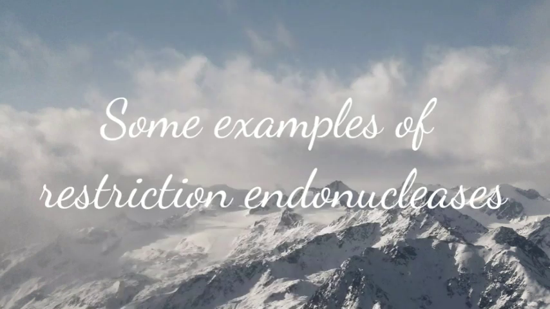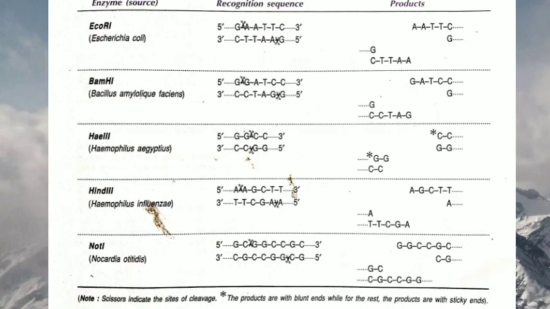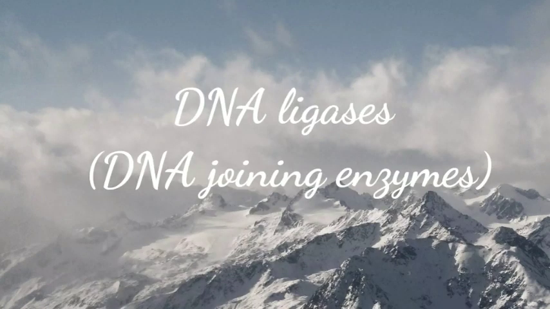Some examples of restriction endonucleases. About 100 plus endonucleases are identified so far. These are some of the examples: EcoRI, BamHI, HindIII, NotI, along with their recognition sequence and products. DNA ligase, DNA joining enzymes.